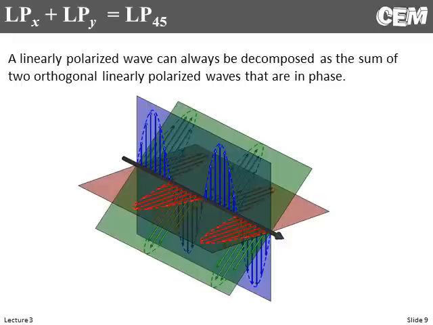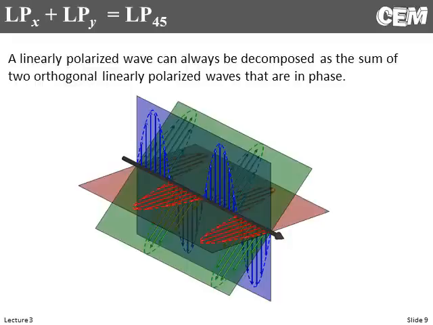So if we take two linearly polarized waves and add them together, we get another linearly polarized wave. And in this case, if we add something linearly polarized in X with something linearly polarized in Y, that means the electric field is actually oscillating in both directions. And so if we add it up, we're really oscillating along the diagonal.